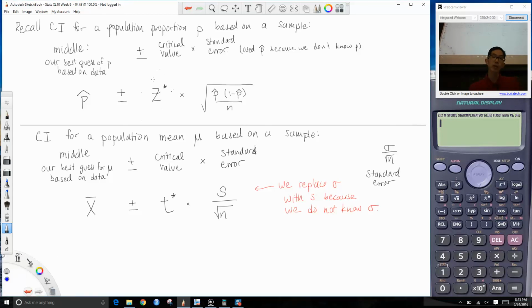With confidence intervals for p hat, I told you there are 4 values of z star that you need to know. This time for t star, there are too many to know, but they're all listed on your reference table.